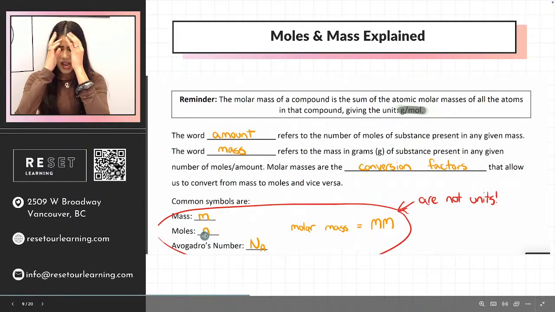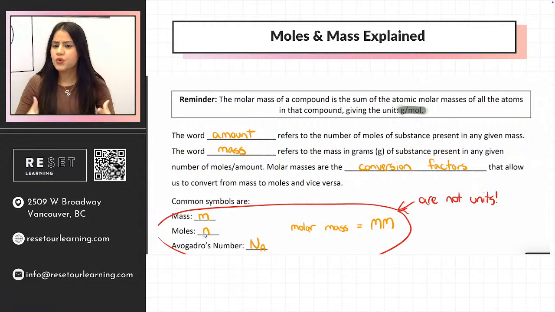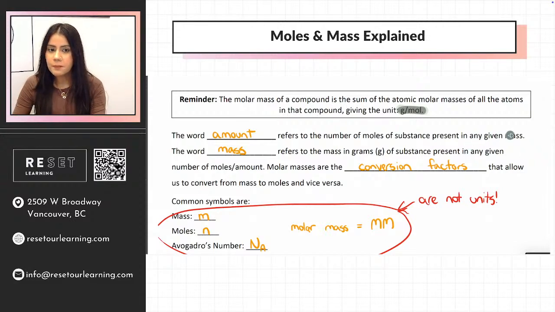Okay, I'm also going to put this in wording because I know some people like it when it's theoretical. So the definitions: the word amount refers to the number of moles of substance present in any given mass. The word mass refers to the mass in grams of substance present in any given number of moles.